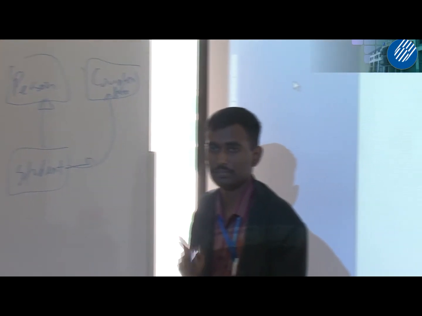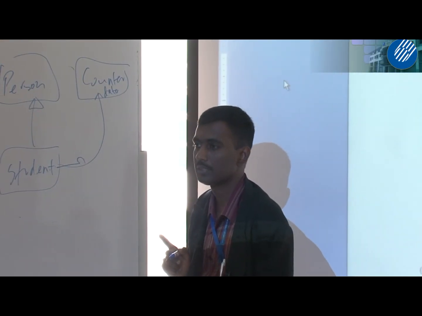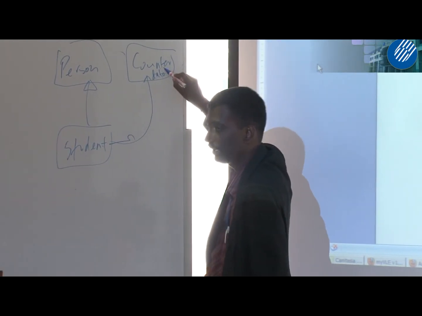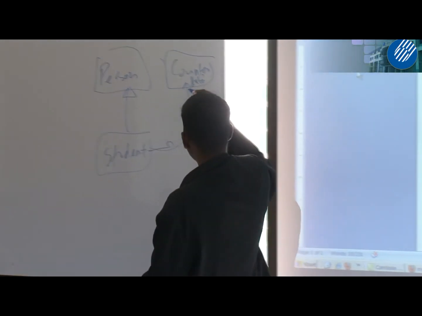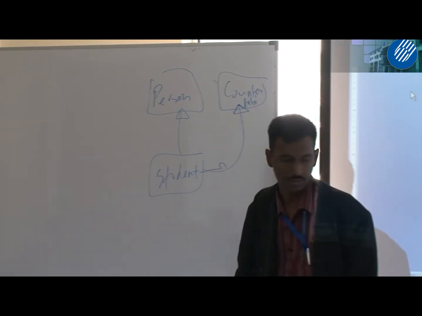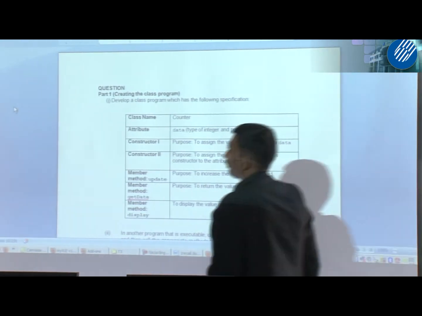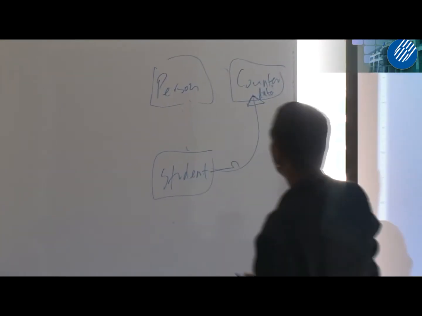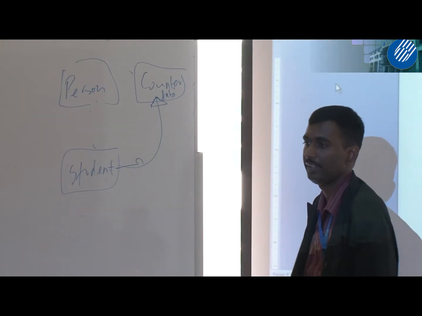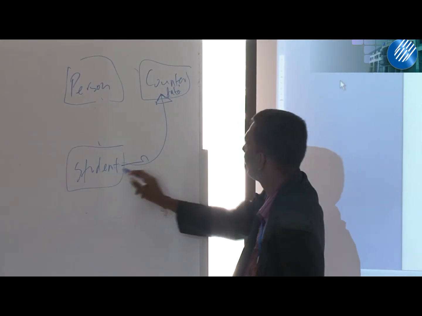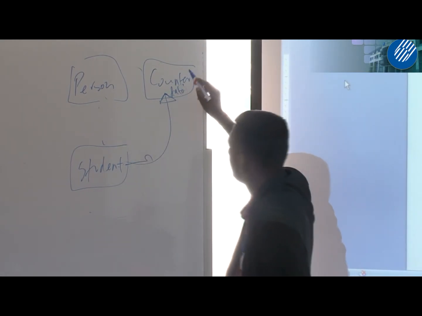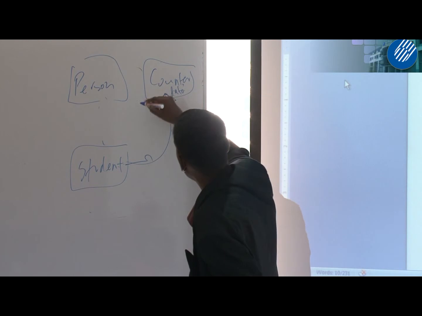Can or cannot? Cannot, because this is not a subclass of counter. But if you do like this, now it can. Now student can call data because it is a subclass of counter, because you put data as protected.